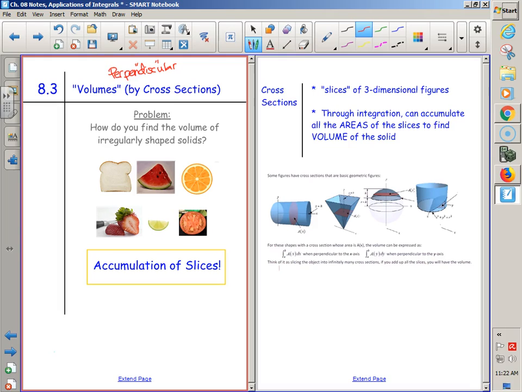Because you're always going to be slicing perpendicular to, now it depends on what kind of shape it is as to what you're slicing perpendicular to. For solids of revolution, you're slicing perpendicular to the axis of revolution.